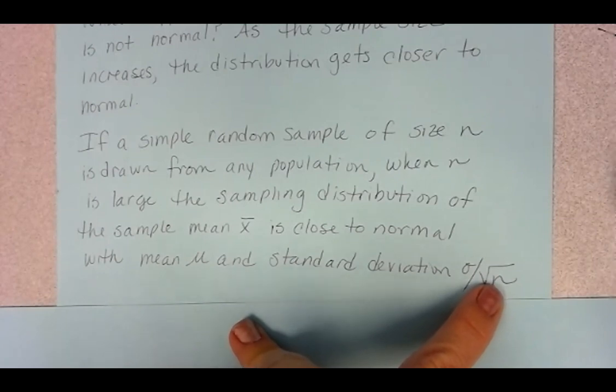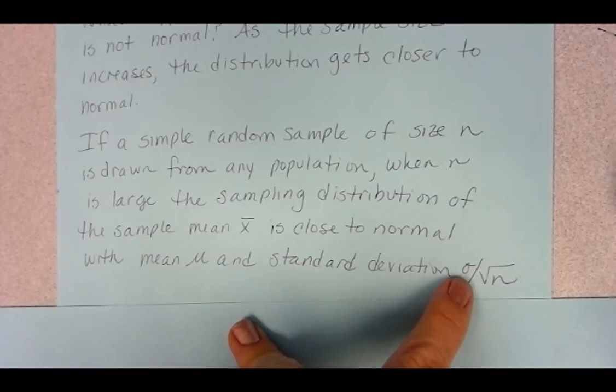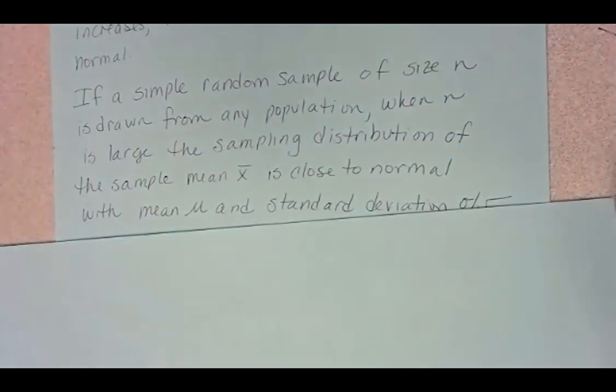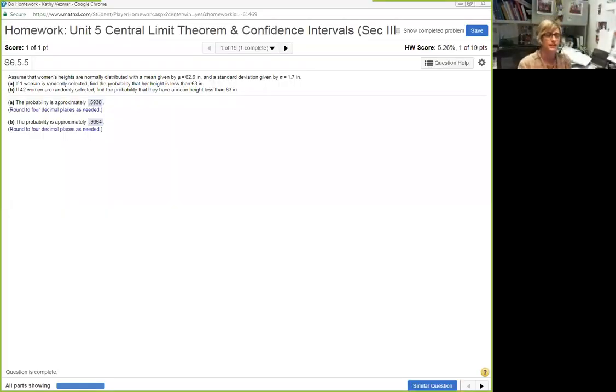So rather than just sigma, sigma will be given by dividing by the square root of n. So what I want to do is actually look at one of your homework problems. So I'm going to share the screen. And you should be looking at homework problem number 1, which gets to this very idea.